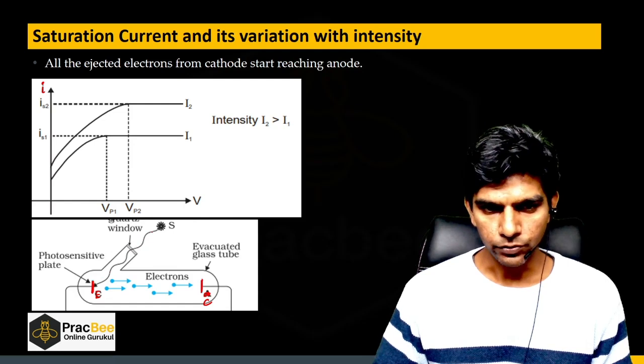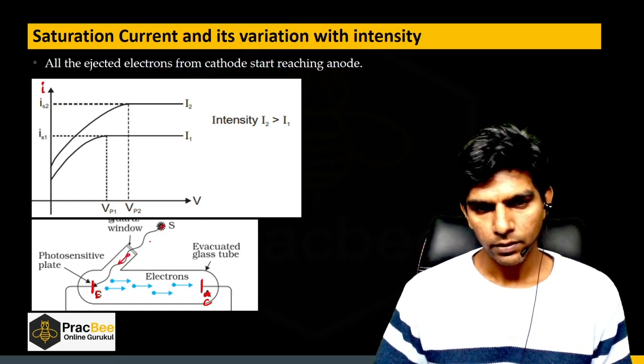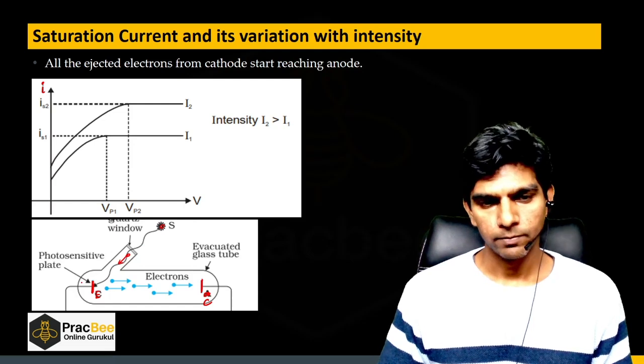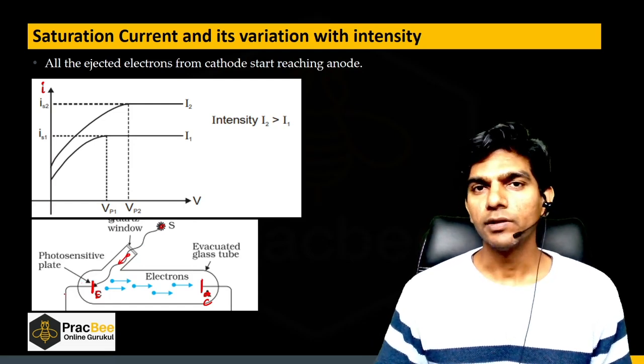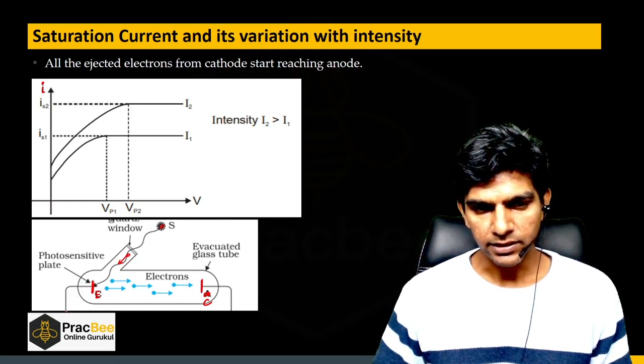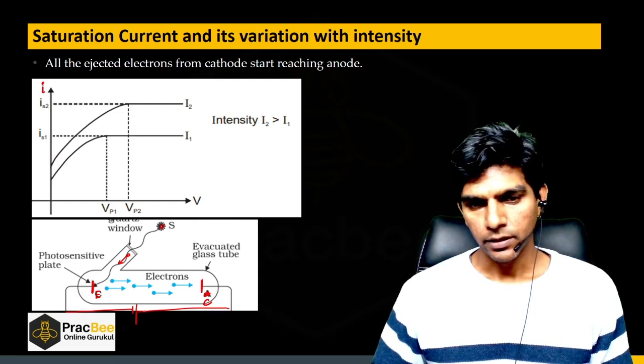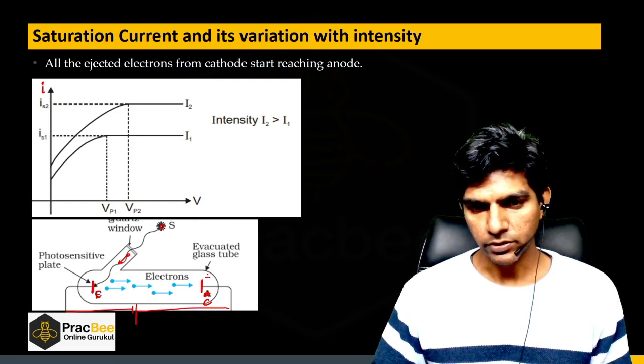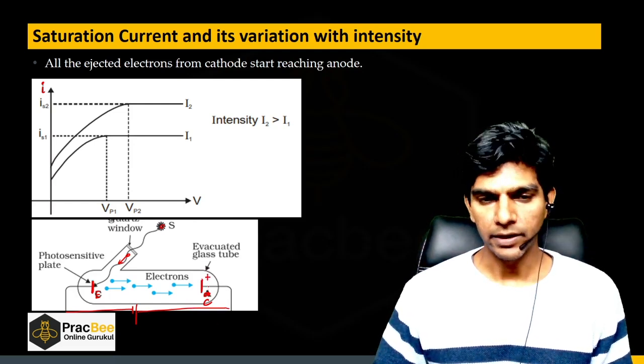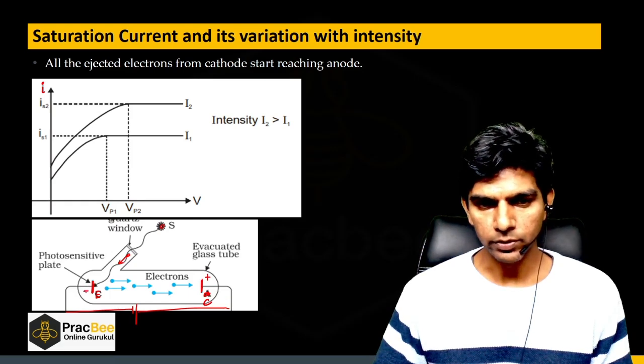And we make photons incident on this emitter plate. Now what would happen? The electron will come out. And let us say we have a battery whose polarity is like this, and the collector plate is positively charged. You can say the collector plate is at high potential and the emitter plate is at low potential.